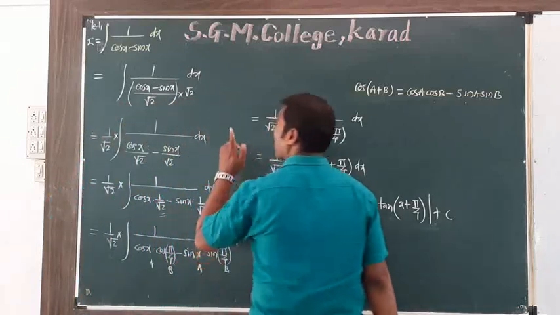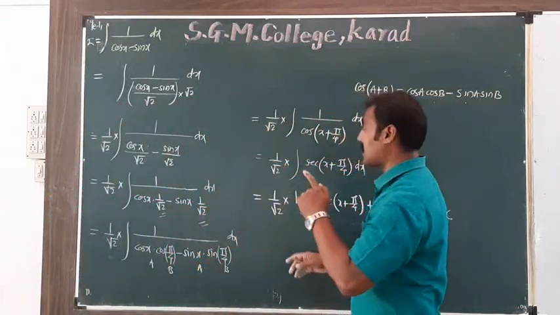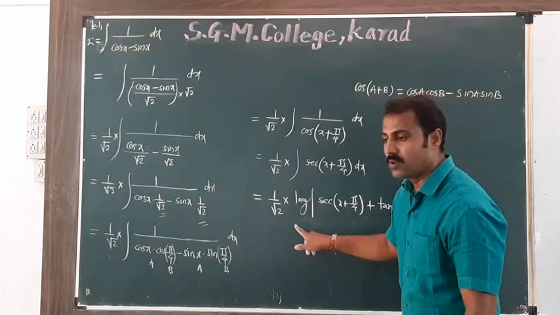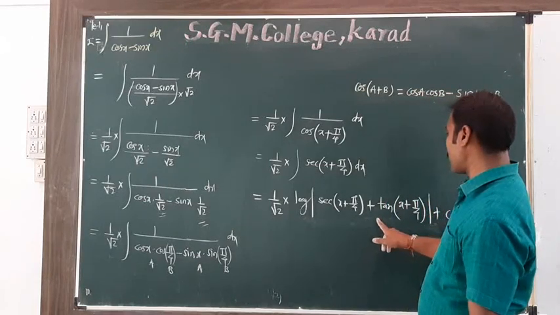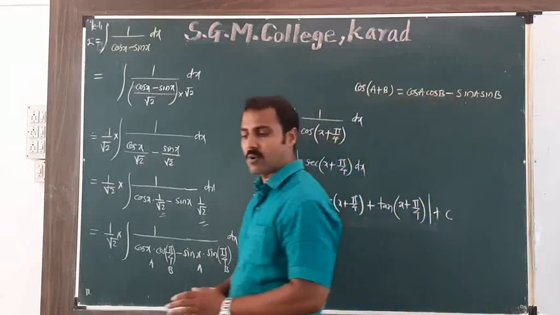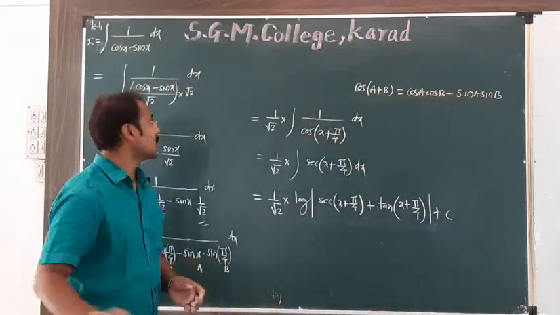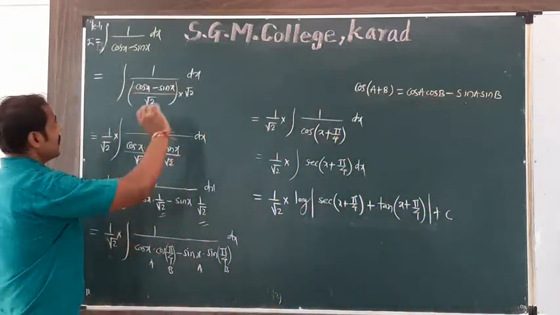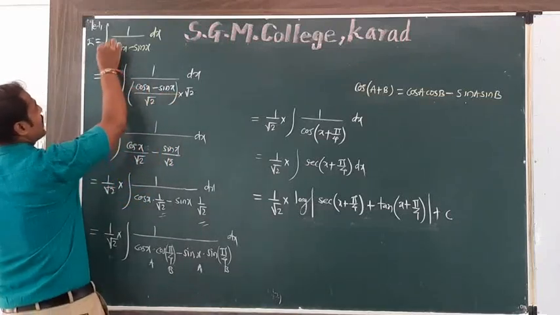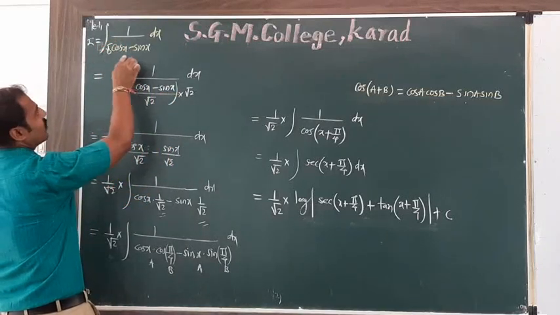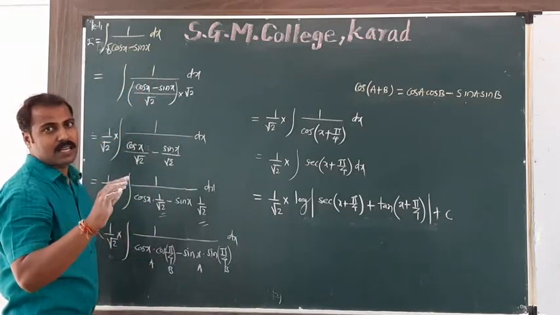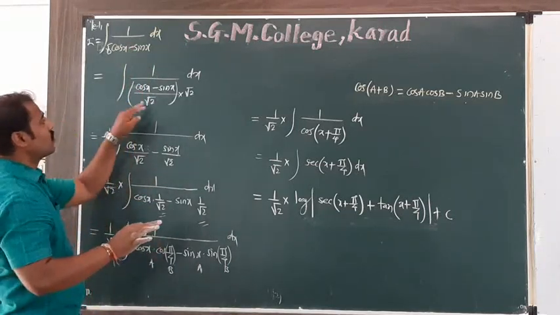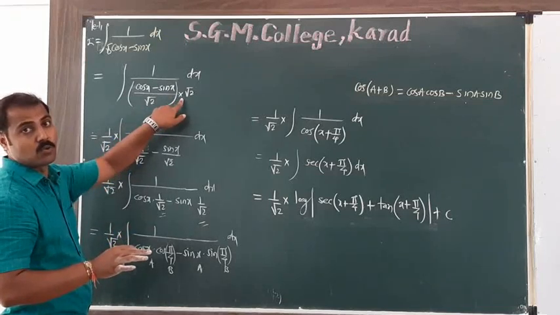Integration of 1 upon cos x minus sin x dx is equal to 1 upon root 2 into log of mod of sec of x plus pi by 4 plus tan of x plus pi by 4, plus constant of integration c. If there is a root 3 as coefficient of cos x or sin x, then divide by 2; the adjustment is 2.